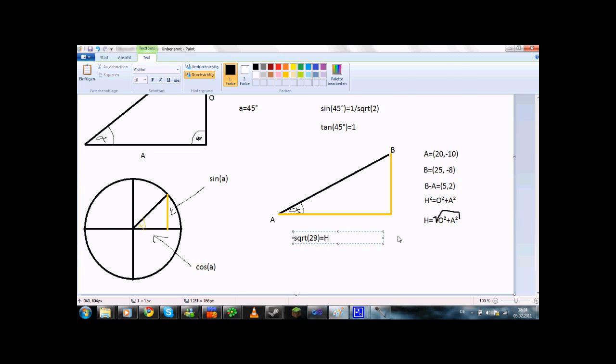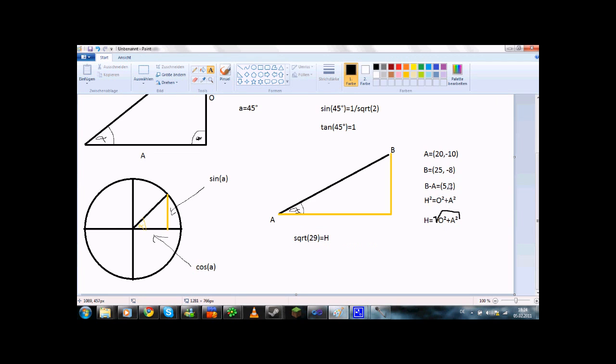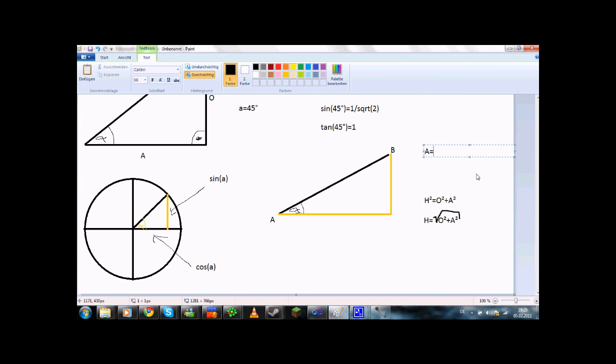Now, if we divide that by the square root of 29, which is an ugly value, let me just change the values so we get a nice result. This stays the same, but for that, let me put a equals 20 minus 10.